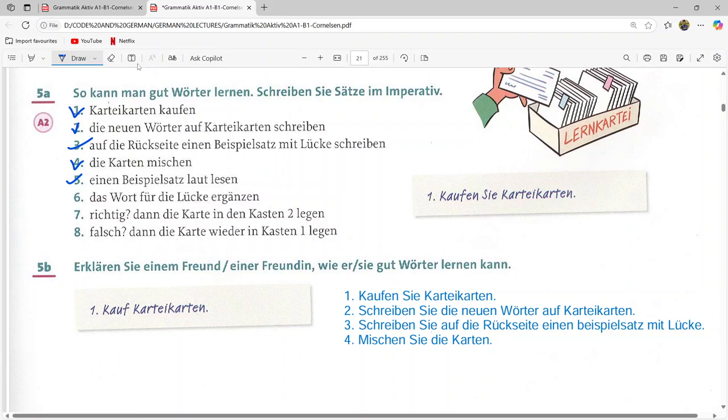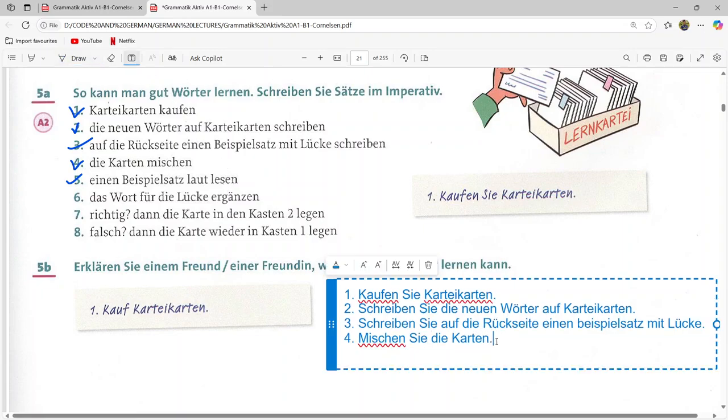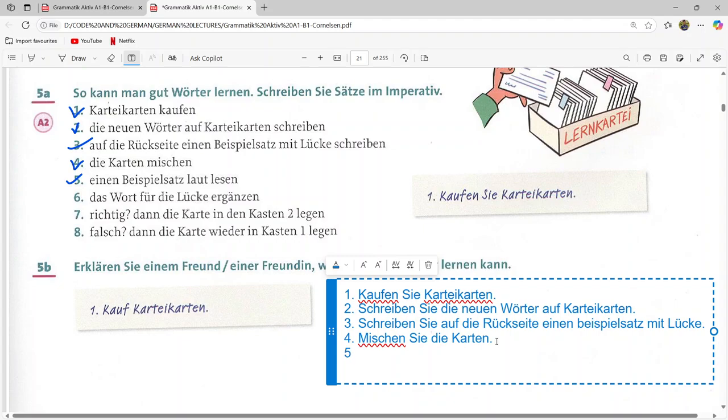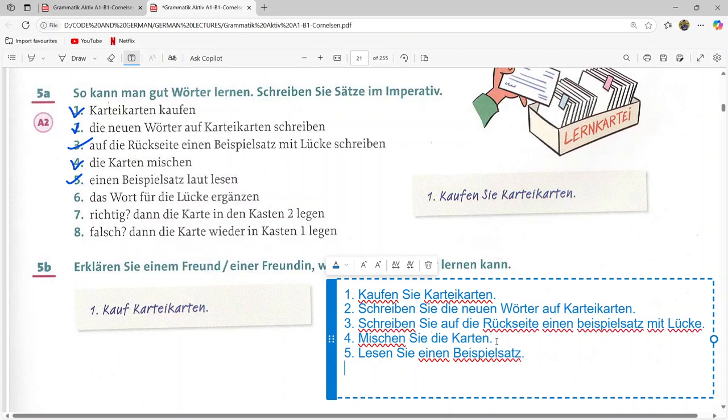So the verb is lesen. Lesen Sie einen Beispielsatz. Read out an example sentence.